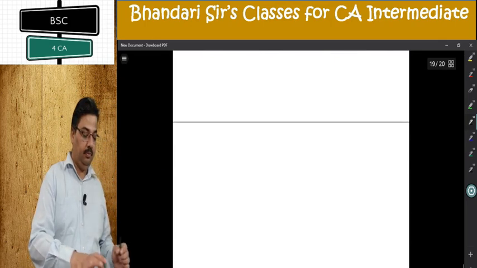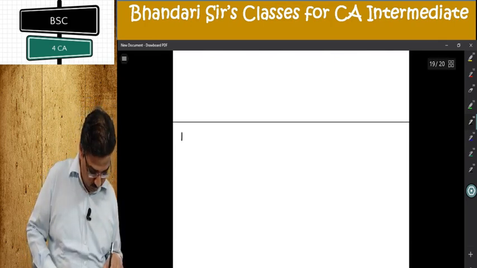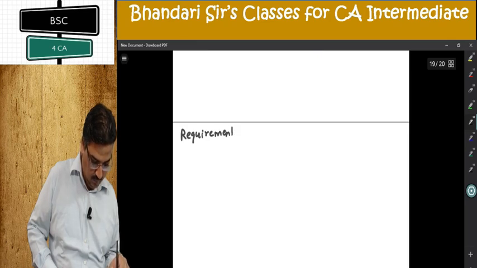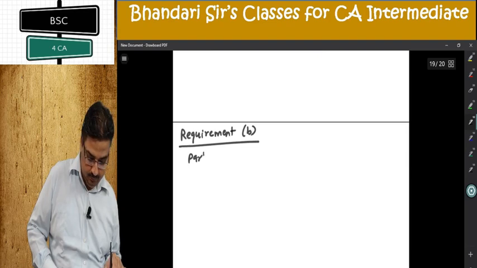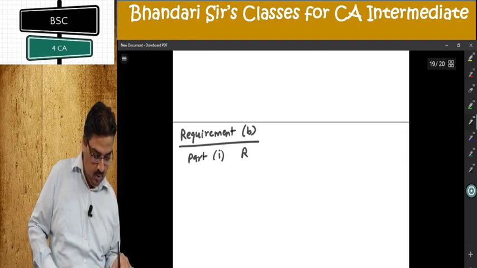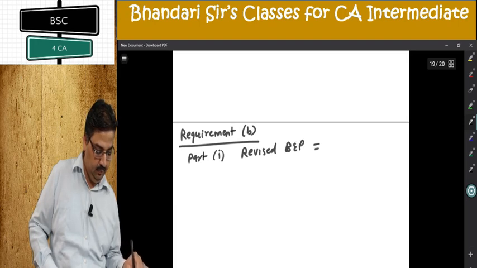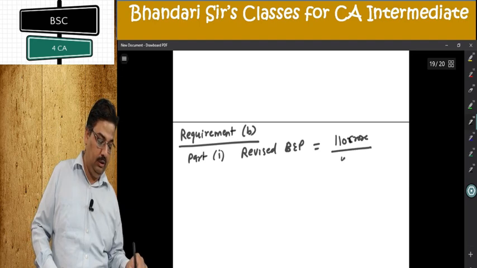Requirement B. Part 1. Revised break-even point. Rupees 110 crore revised fixed cost divided by 45%.